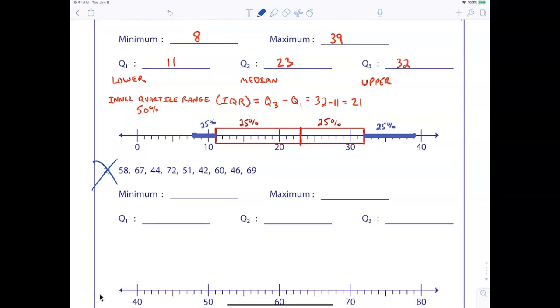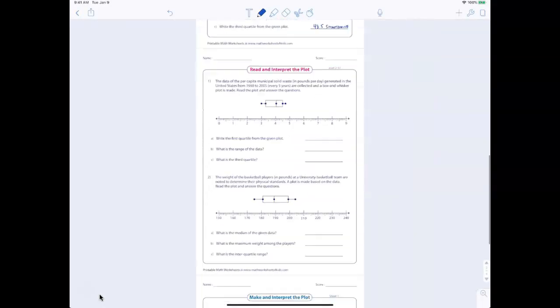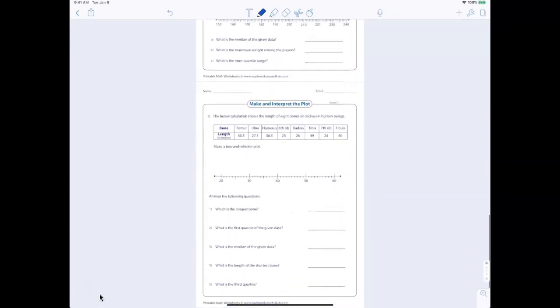The only thing I really want you to concentrate on is answering those questions properly, and then you have to go make your own box and whiskers and answer those questions. Everybody with me? So the last 2 pages is what you're working on in class. How much time do we have, guys? 9 minutes. You might have enough time to get all that taken care of.